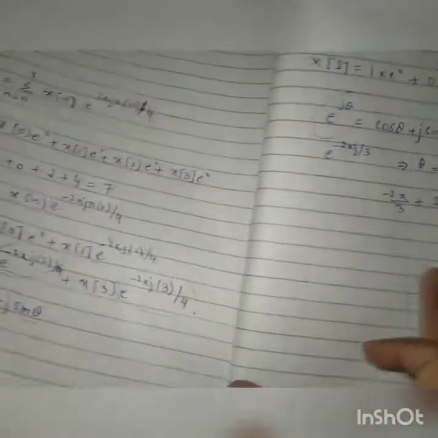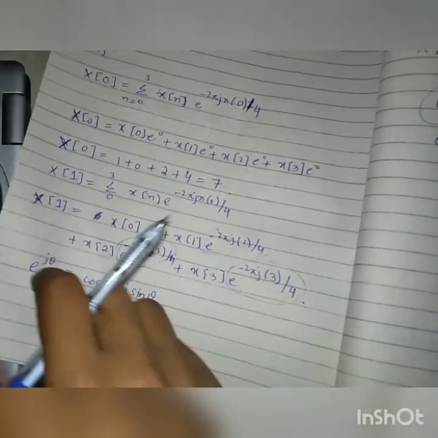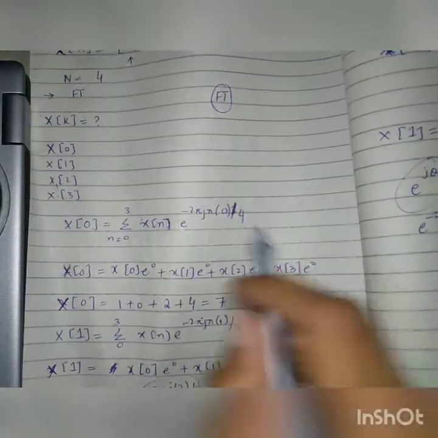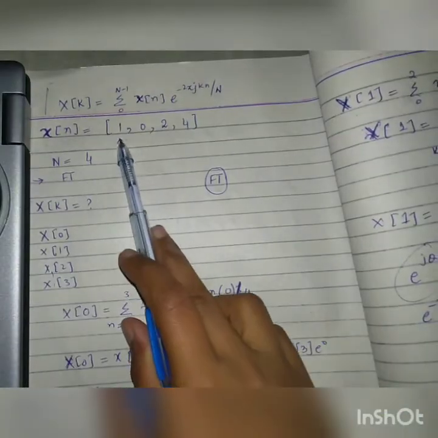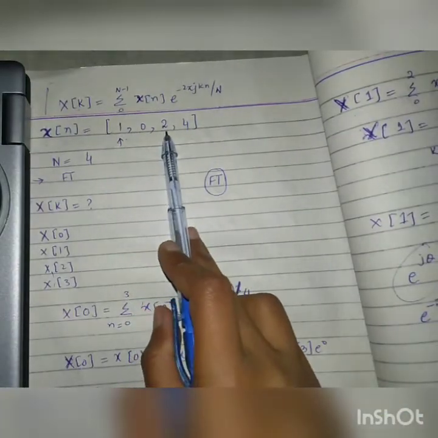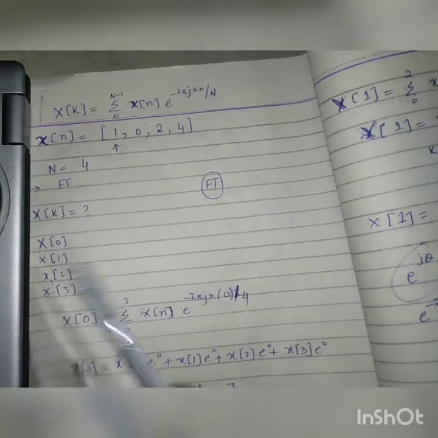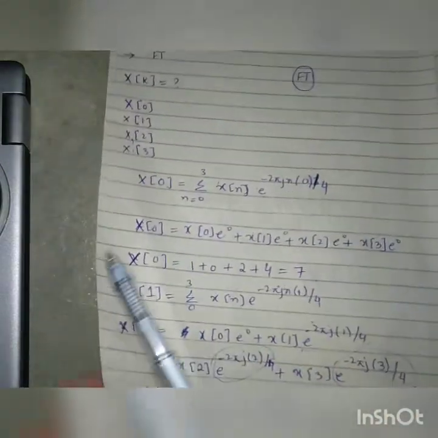So now we will put those values in this equation. We have x(0) equal to 1, x(1) equal to 0, x(2) equal to 2, and x(3) equal to 4. We are going to put those values in here.